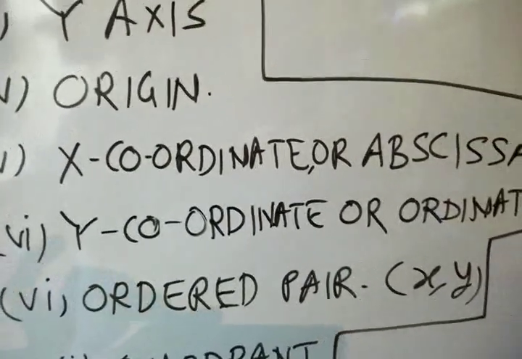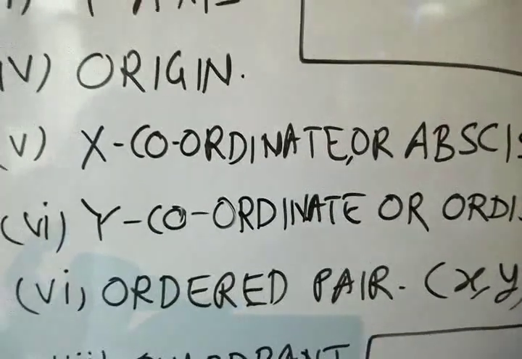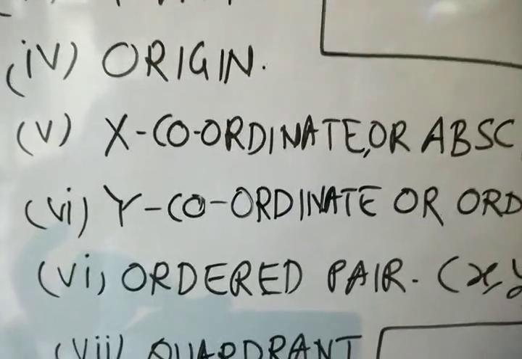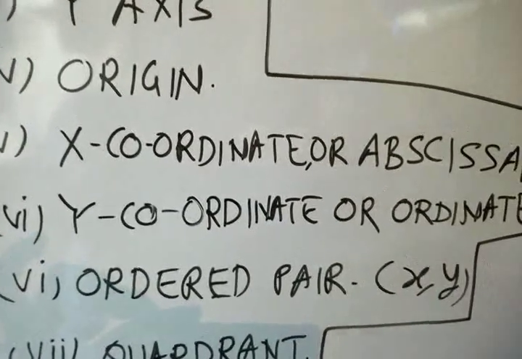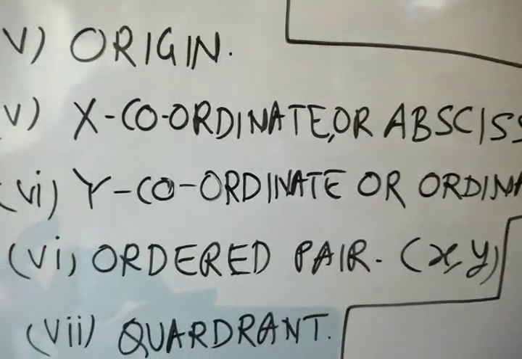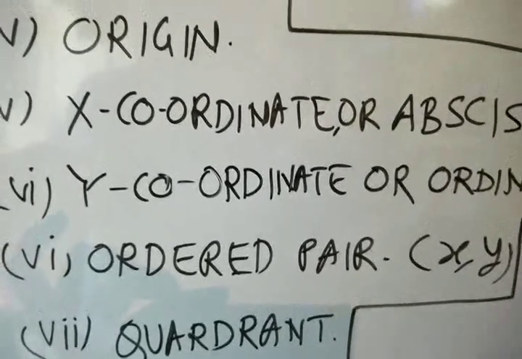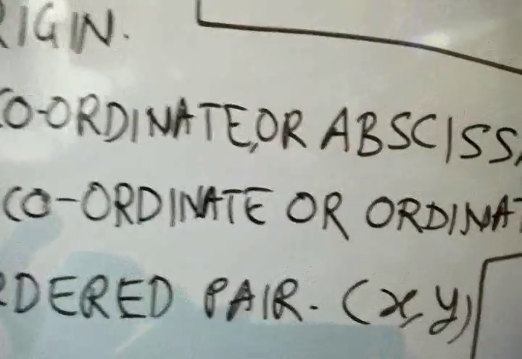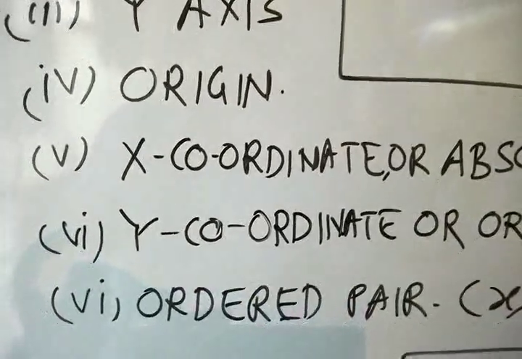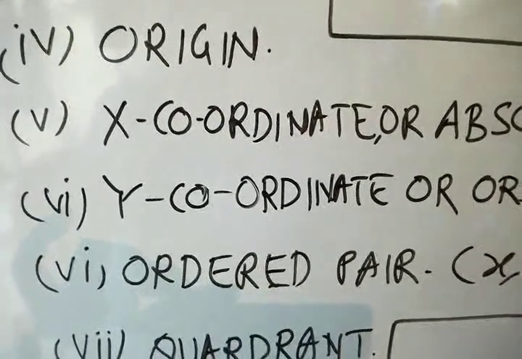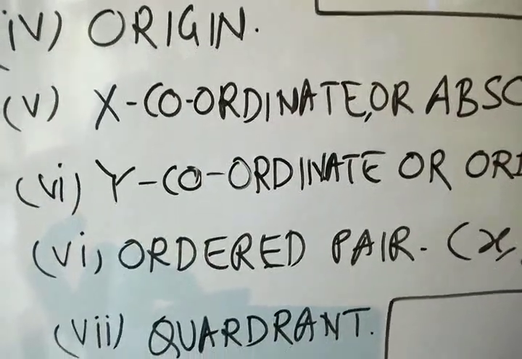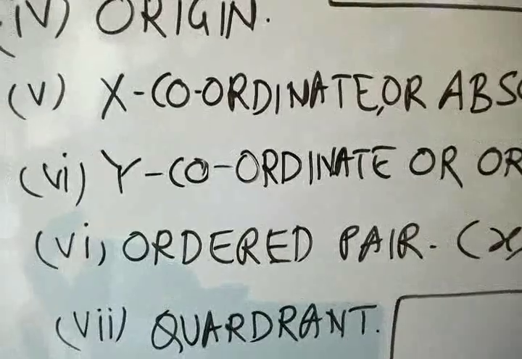The x coordinate is the distance of the point on this Cartesian plane from the y axis, and the y coordinate is the distance of the point from the x axis. That will be explained later on.